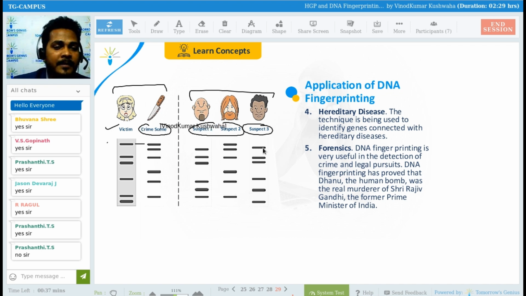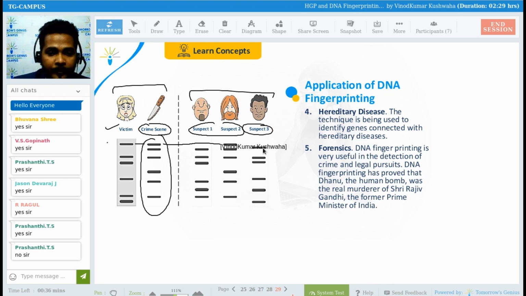So with the help of this band pattern, you can identify the crime scene. At the crime scene there is a blood sample, and this is the pattern of the fingerprint. You have to match which suspect's fingerprint is more similar. You can see this is matching to this, but here there is no band, but here there is a band, meaning this is not the murderer.